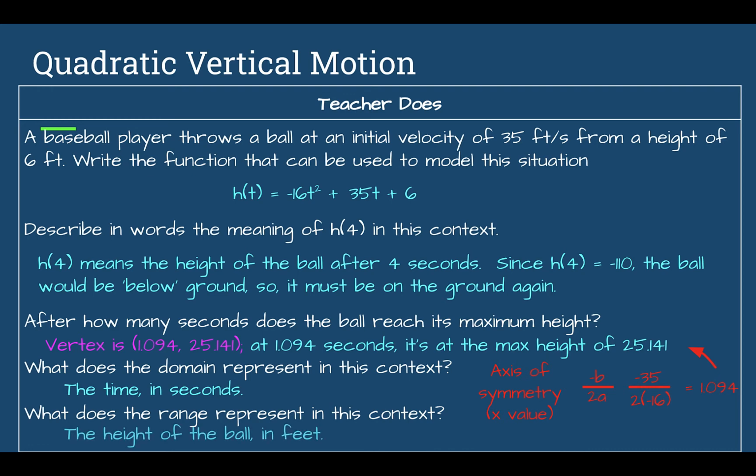Which means the range then is the height, as that is what you get out. If you're not sure, think about what is used in place of x. Here it's t. What is in place of y? That would be h. And hopefully that can help you out in keeping domain and range straight.